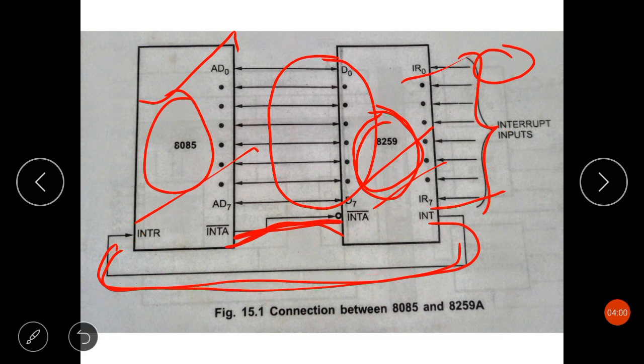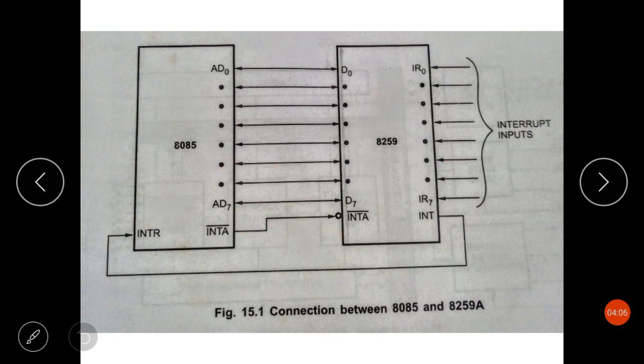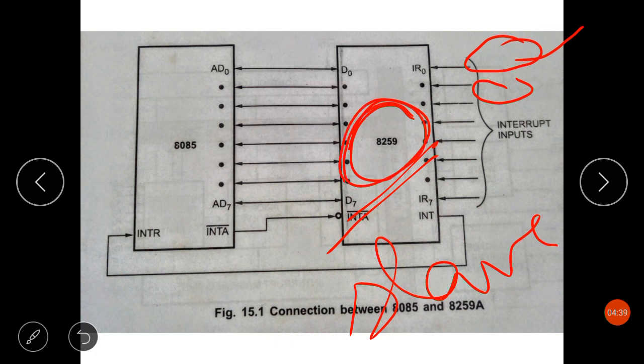Now by cascading 8259, if I connect 8259 programmable interrupt controllers to the 8 interrupt pins of this 8259, then these 8259s will be called the slave 8259s, and the 8259 to which they are connected will be called the master programmable interrupt controller.